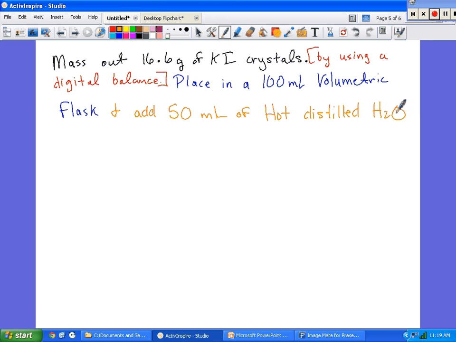Why am I putting in a certain amount of water? To dissolve it. Why am I putting in hot distilled? Okay, I'm going to get to that. Why is it hot? Dissolves faster. If you're making sweet tea, do you use hot water or cold water? Hot water. Who's making cold water sweet tea?